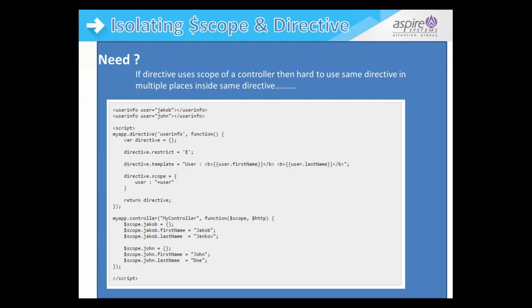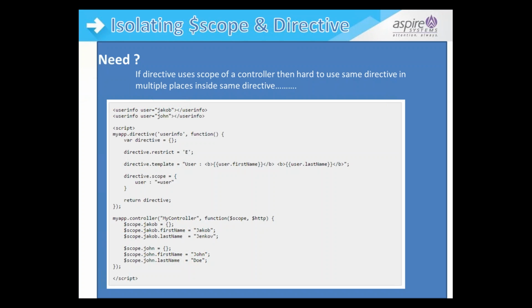First I have created my directive called user info. Inside that user info I have given all my properties, and the template is simple, so I have given it directly as a template. And in my controller I have two user details here. Now this can be used simply like this. First I put user info user equal to Jacob.